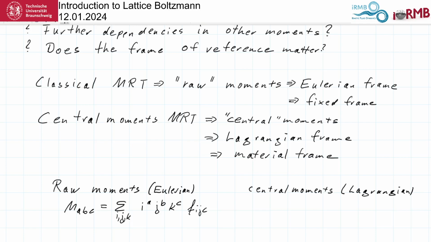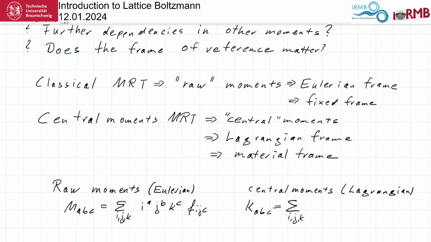To distinguish the two, we use M for moments, and for the central moments we use K_abc. Now this is the same sum over i, j, and k.